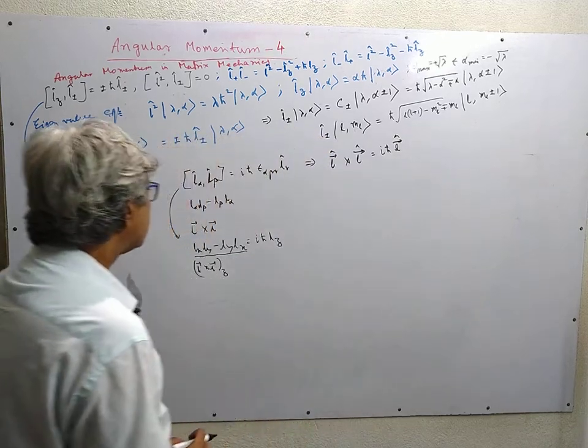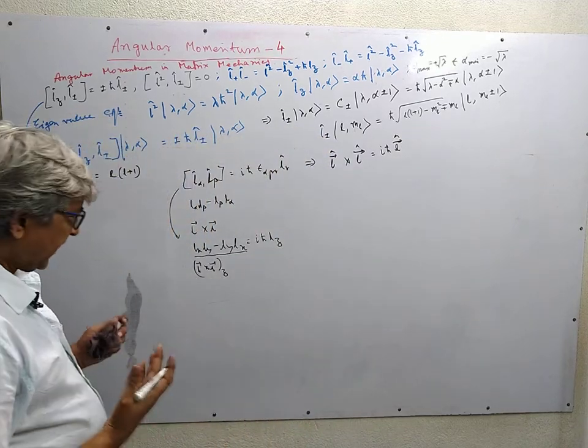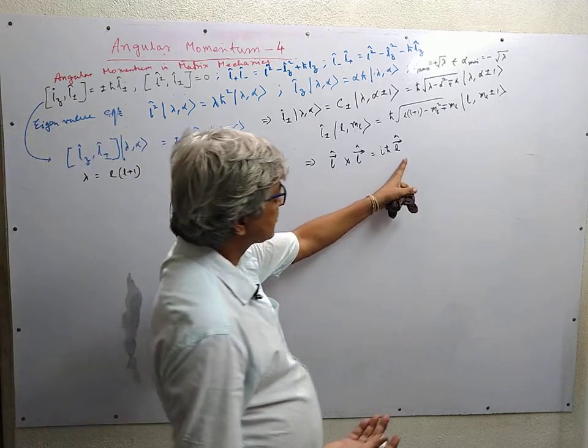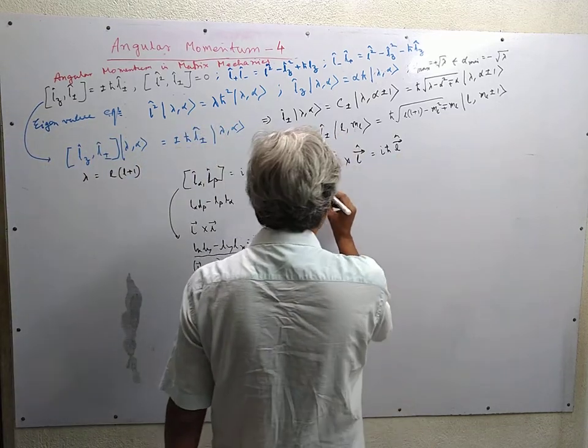Any set of three quantities Lx, Ly, Lz, if it satisfies this relation, is called an angular momentum.